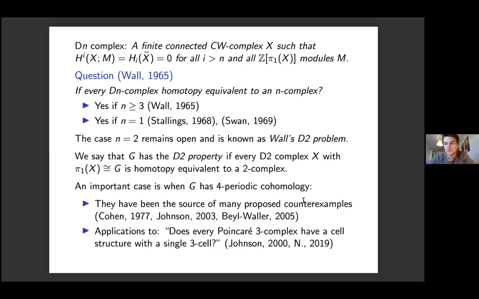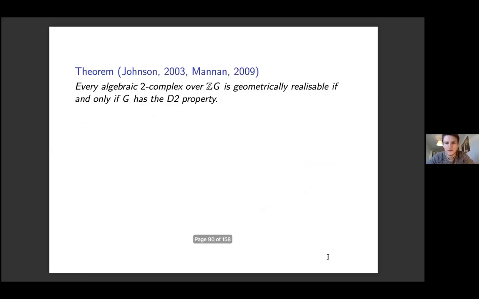Noting that this is true for 3 manifolds using Morse theory. Every 3 manifold has a cell structure with a single 3 cell, but this is still unknown for Poincaré 3 complexes. This has been unknown since 1976. It was explored by my supervisor, Frank Johnson, in 2000, and also by myself in the first of my papers in 2019.